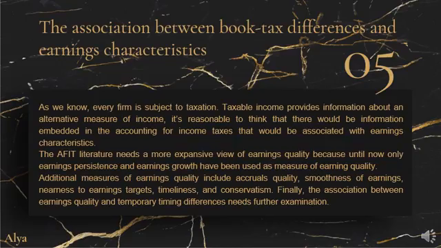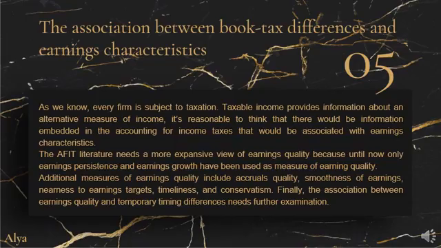Okay, the next is the fifth part, the association between book tax differences and earnings characteristics. A few studies explore the association between book tax differences and various earnings characteristics. Lev and Nissim 2004 focus on how the magnitude of the book tax differences affects earnings growth.